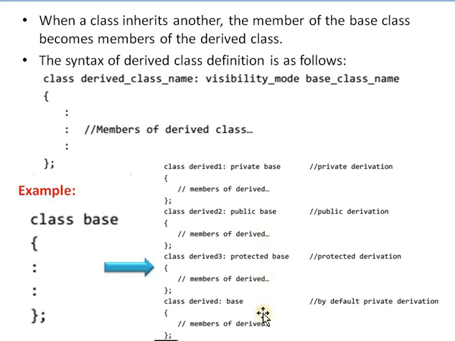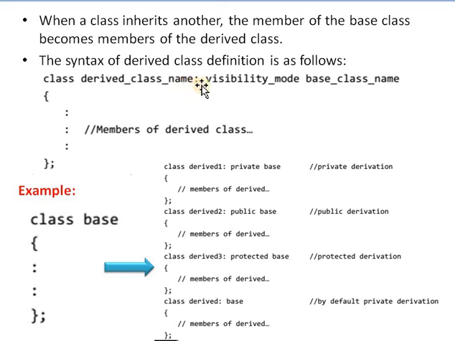In the syntax shown above, the keyword is class. The derived class name is a user defined name for the new class.